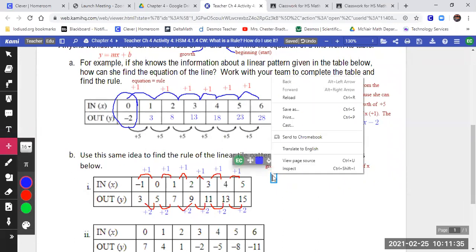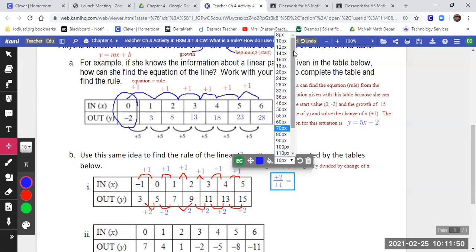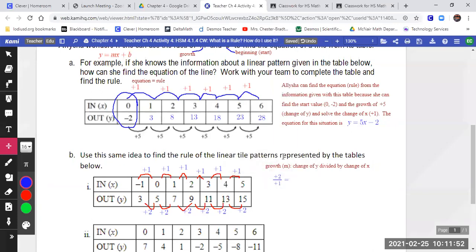My change in y is +2 divided by +1 to find that I have a growth of how much? How much is my growth for this situation?